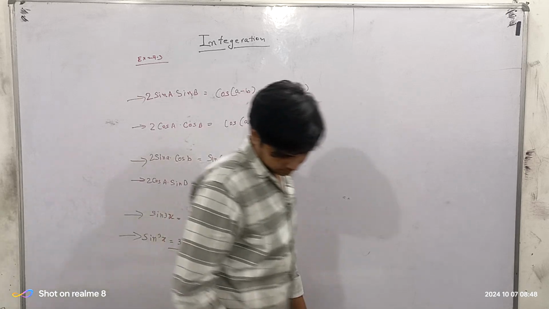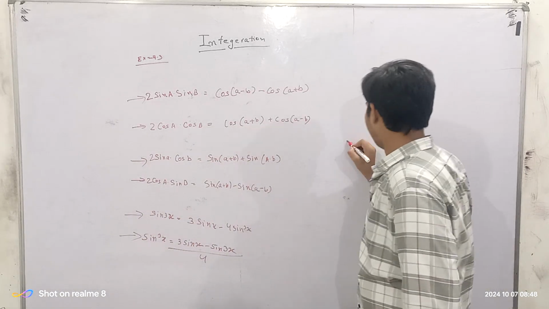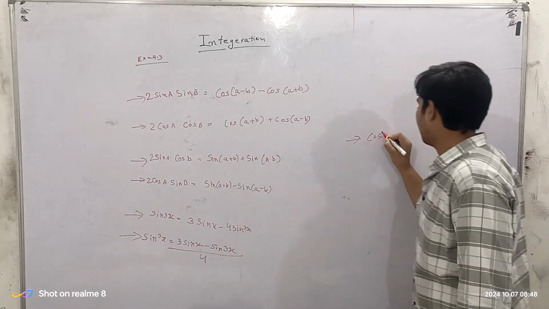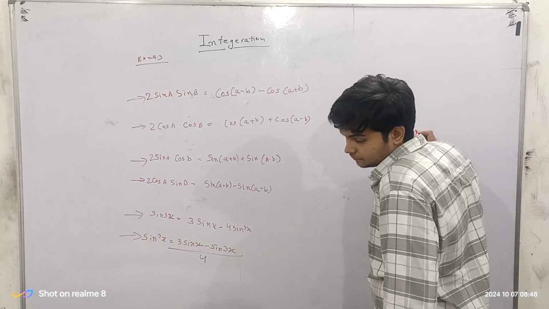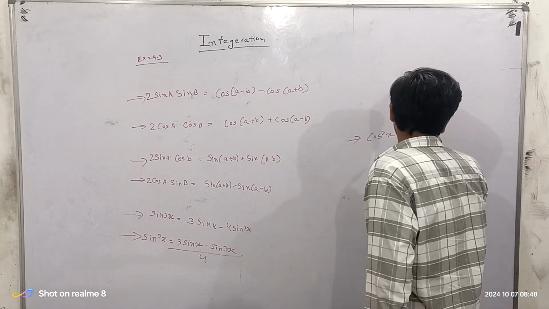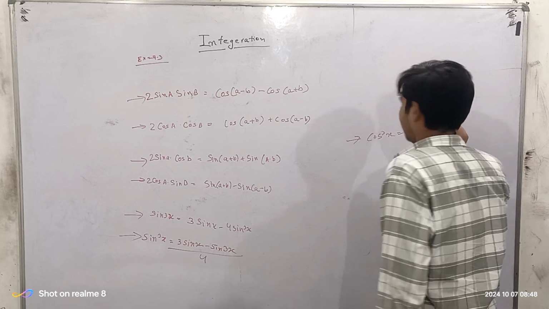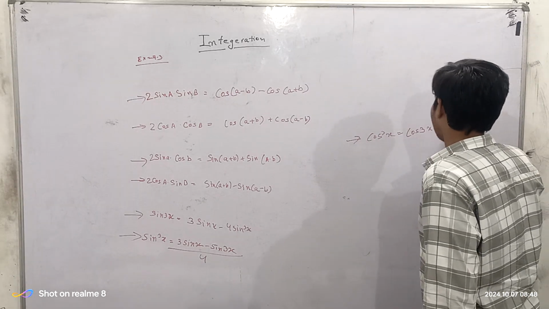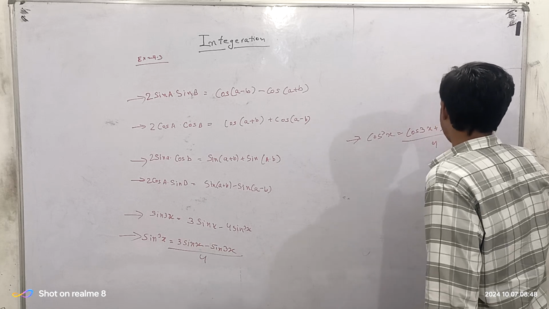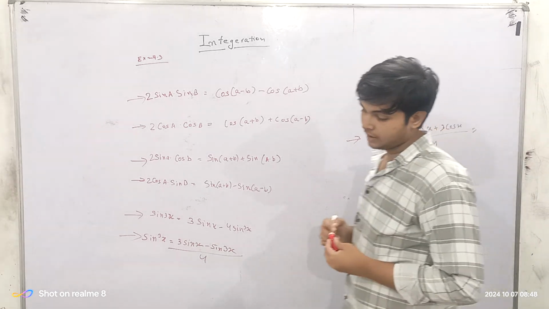And like this only, for cos cube x we will get (cos 3x plus 3 cos x) by 4. These are the important formulas of trigonometry.